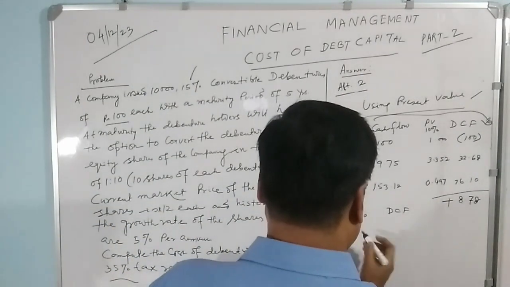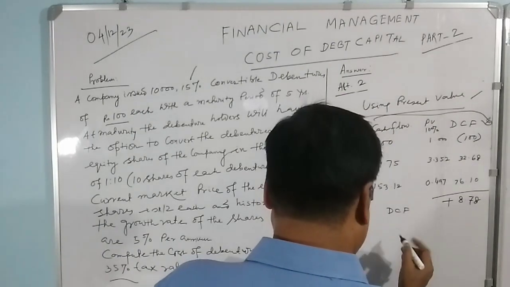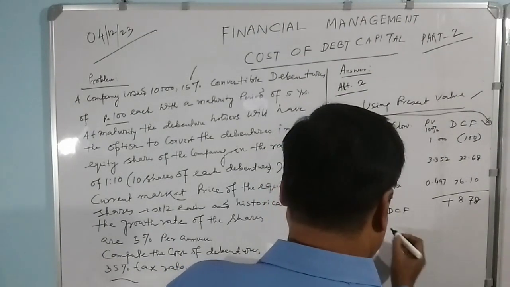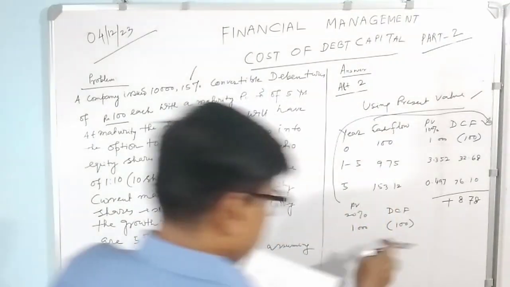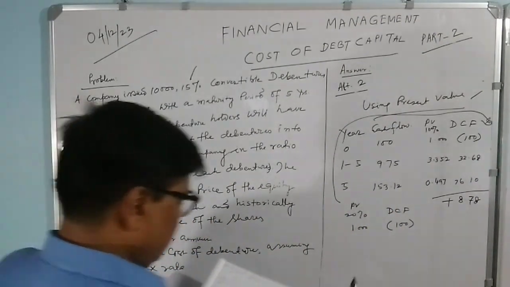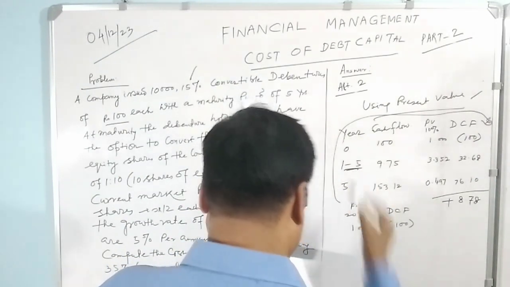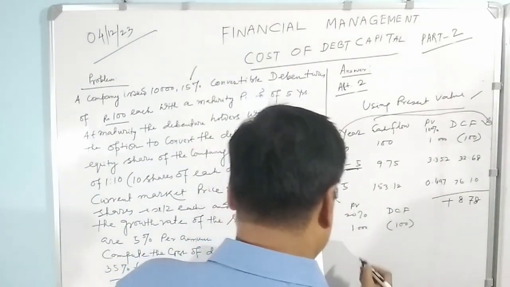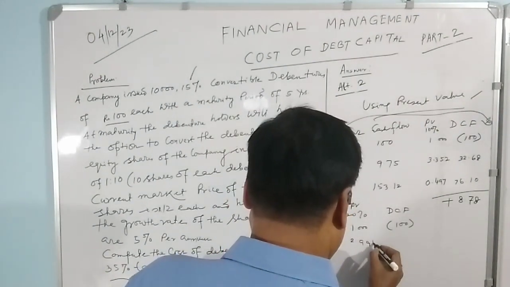So here also for 1 rupee 1.000, then your discounted cash flow initial year is 100, and then for years 1 to 5, the factor will be 2.991.